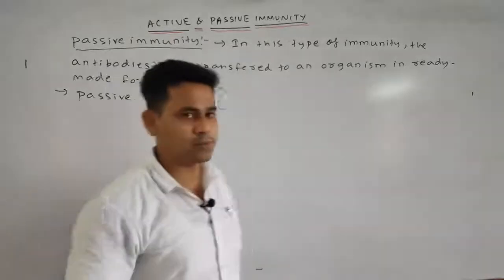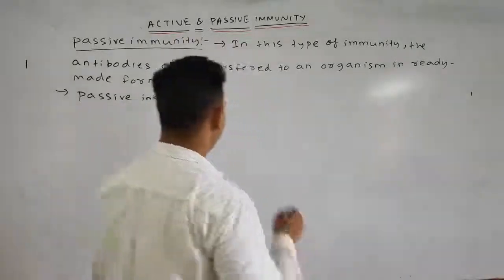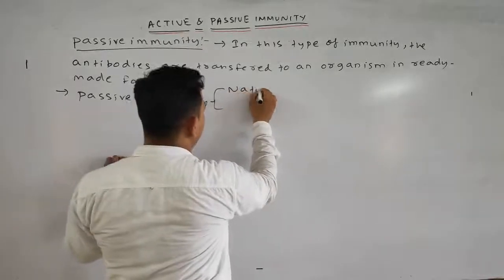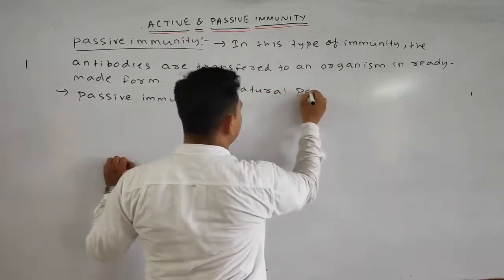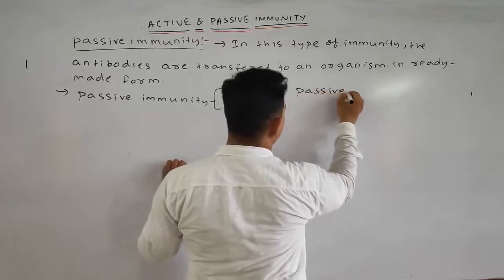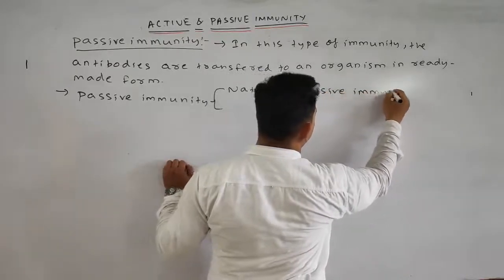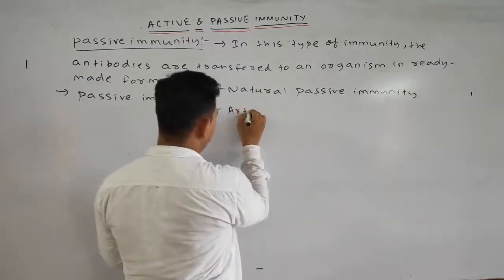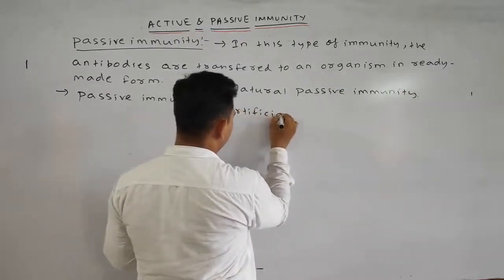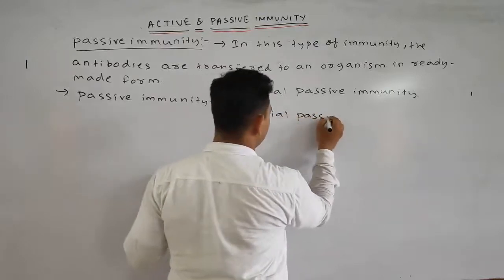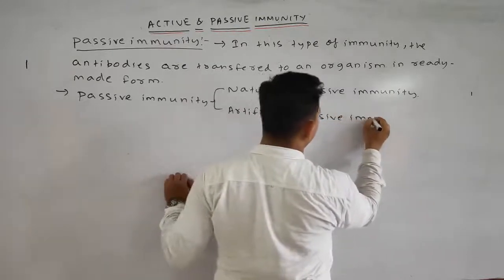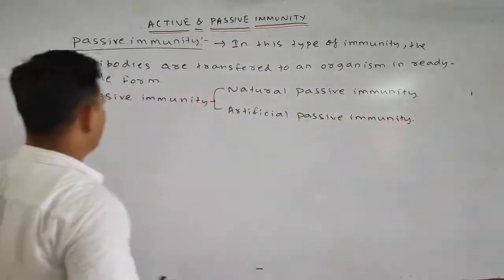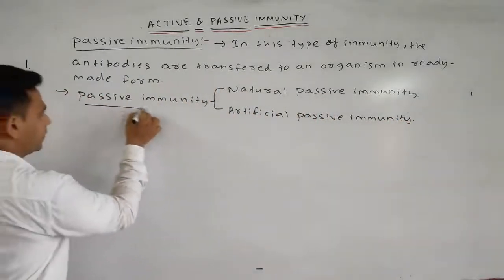One is your natural passive immunity, other one is your artificial passive immunity. Okay, first we'll discuss the natural passive immunity.